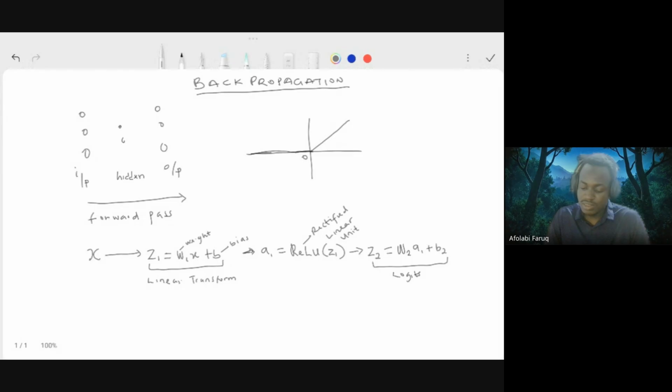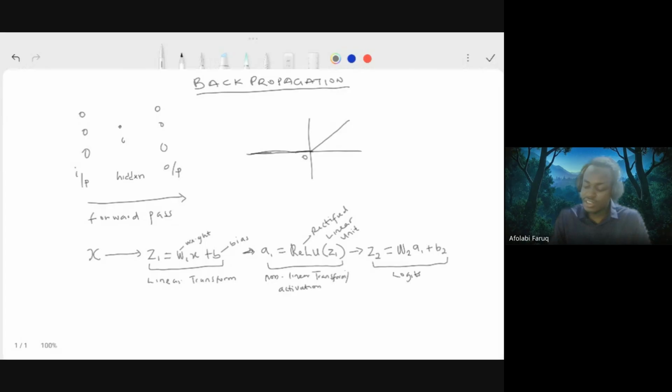Let me say this is a non-linear transform or activation. So here is logit. When we talk about logit, we are talking about output probabilities, a vector of output probabilities. So that is the logits that we are having here.